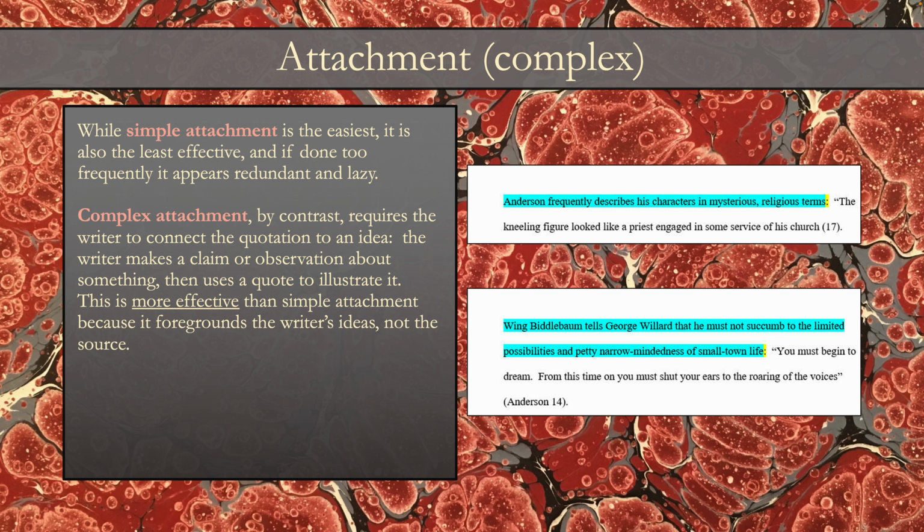So I've given you two examples here. Highlighted in blue are the claims or observations that I'm making. And then I attach a quote after the statement that illustrates what I just wrote. You might pause here and take a moment to read these and think about them.